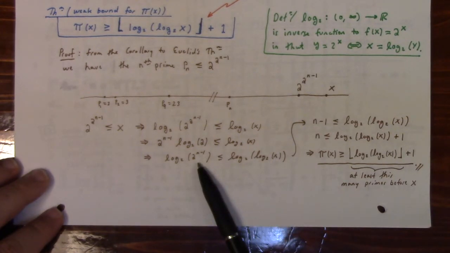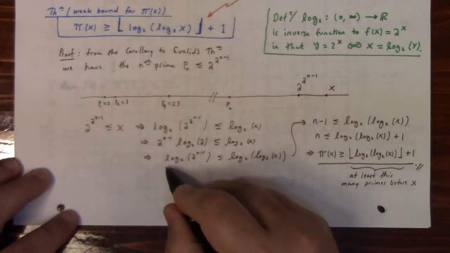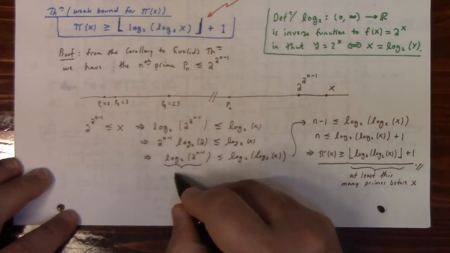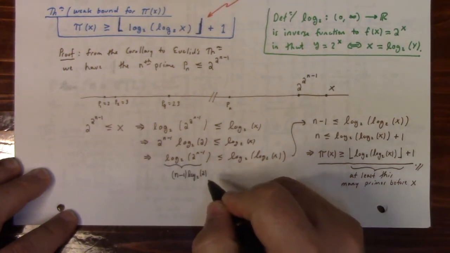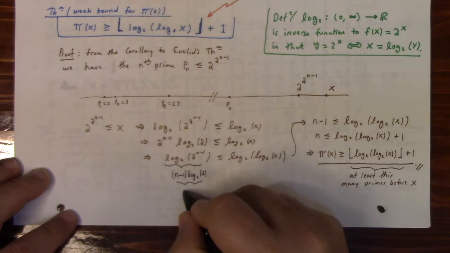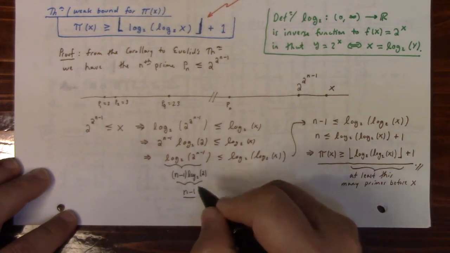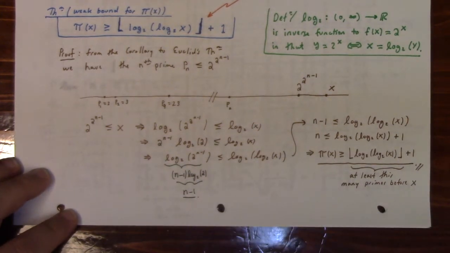But then by properties of logs, this guy just simplifies to n minus 1 times log base 2 of 2, but that is exactly just n minus 1, right? Because log base 2 of 2 is 1.